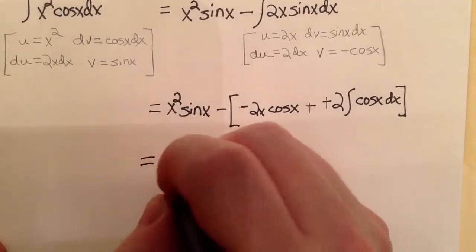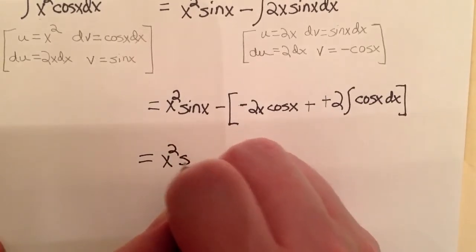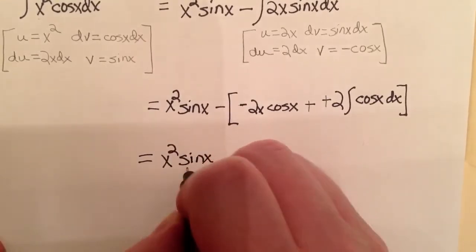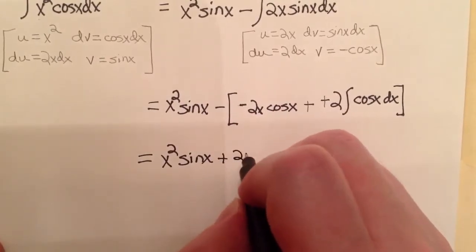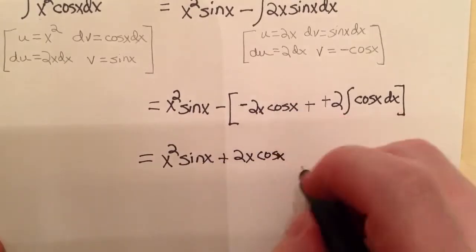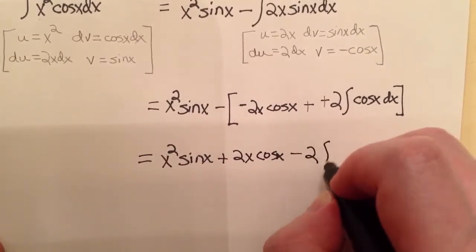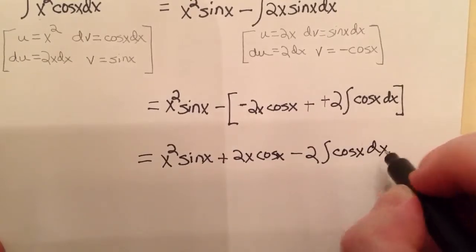And so, in setting up our next to last step, we have again x squared times the sine of x plus 2x times the cosine of x, and we have minus 2 times the integral of the cosine of x dx.